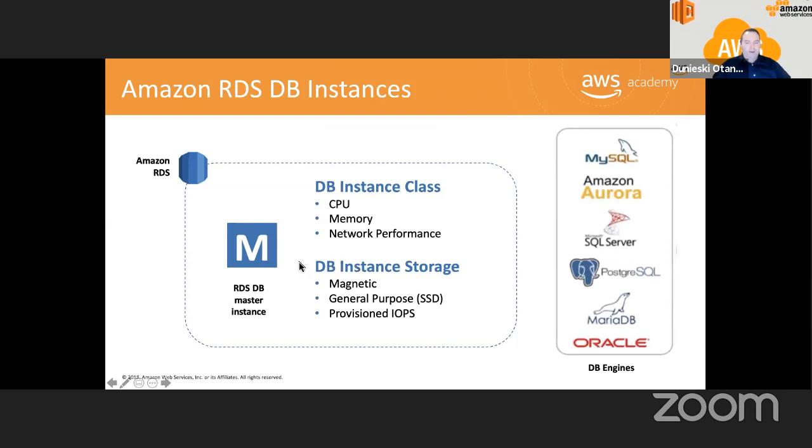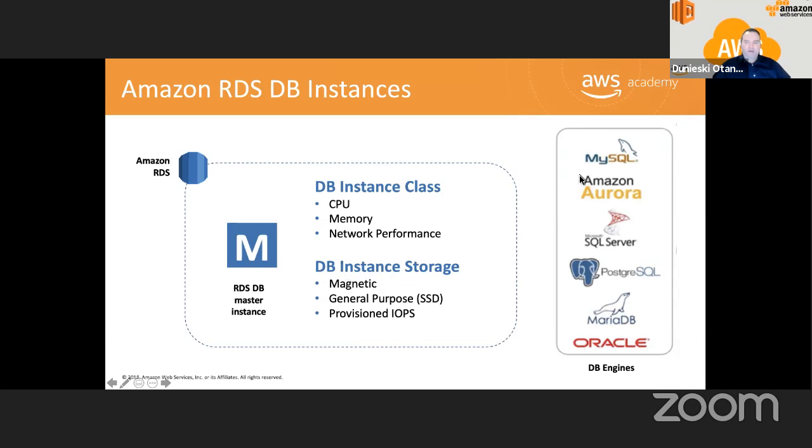Now with DB instance storage, we can have magnetic, general purpose SSD, and provisioned IOPS. So we can use the same thing as the EBS, remember? This is the RDS DB master instance right here, just to tell you what you have in your RDS instance.